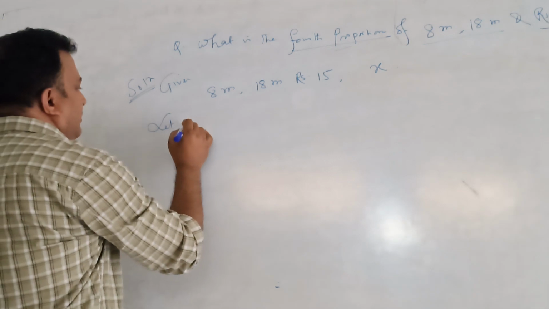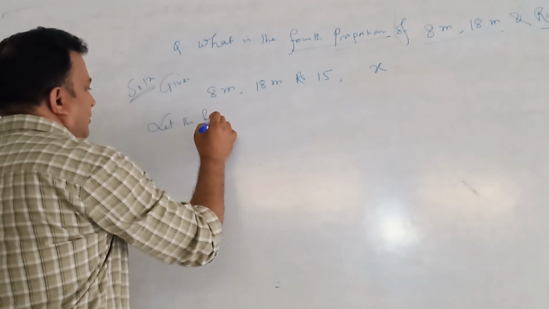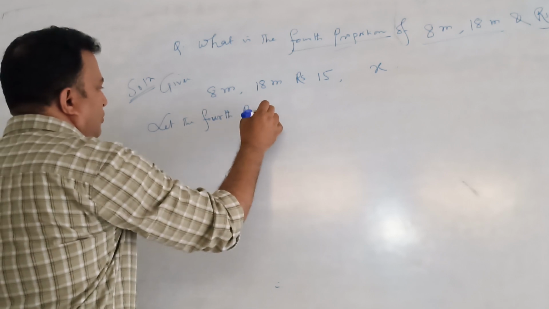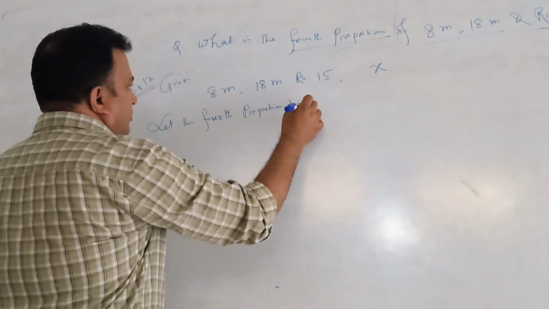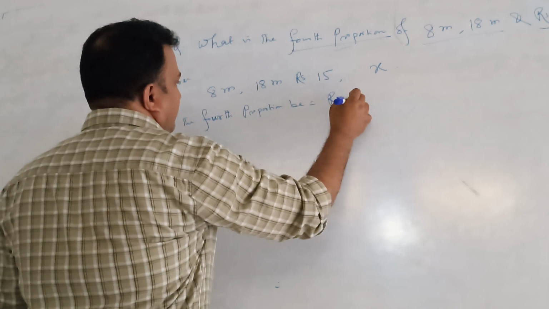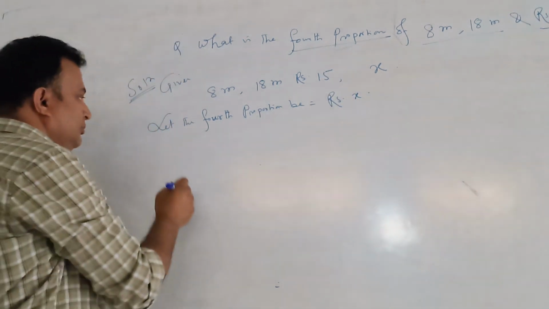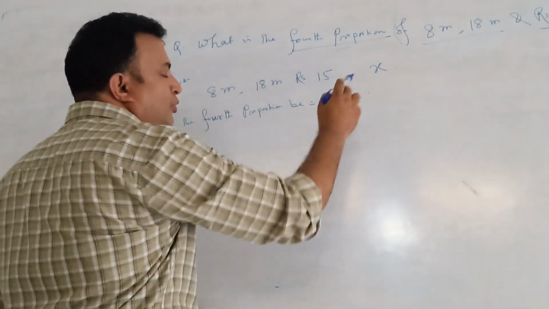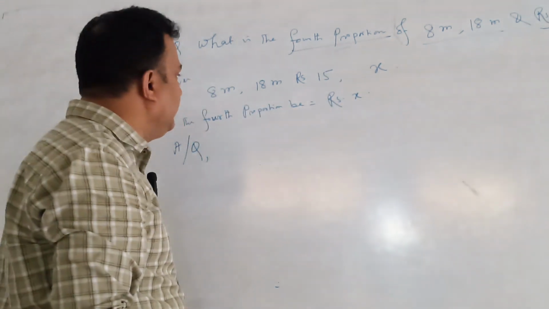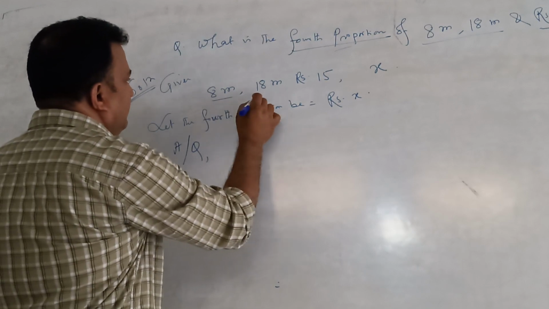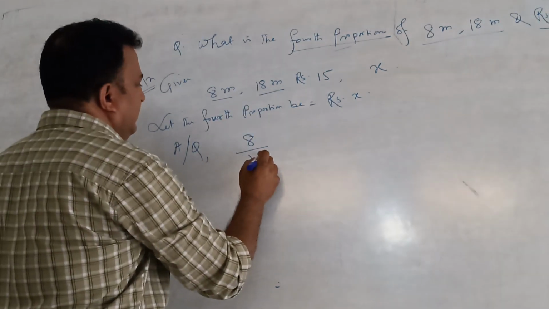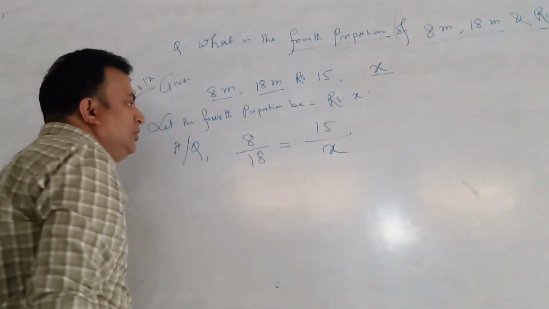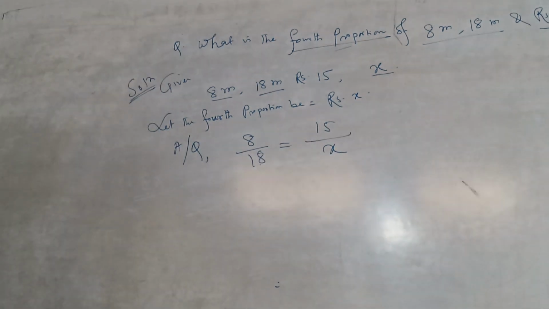Let the fourth proportion be rupees x. According to the question, these four terms are in proportion, so we can write first by second, 8 by 18, equals third by fourth, 15 by x.